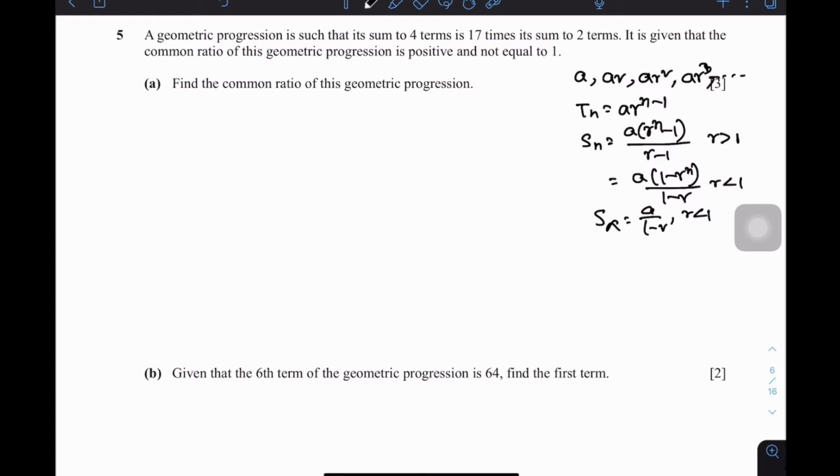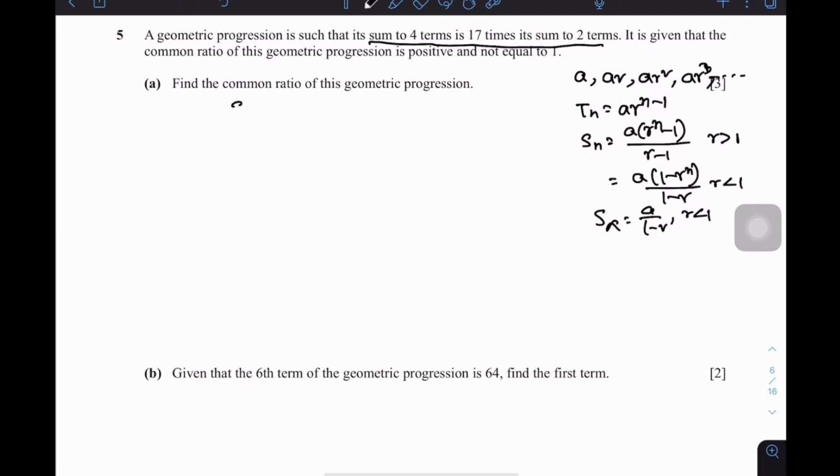In the question, this is given the sum to first 4 terms is 17 times its sum to two terms. Okay, we can write sum to four terms is 17 times sum to two terms.